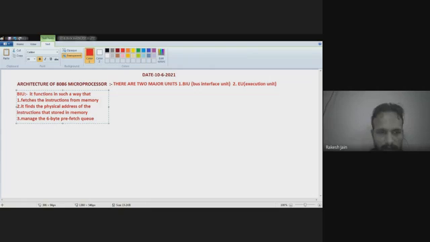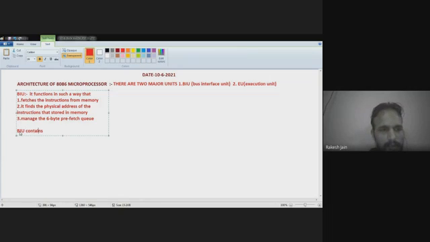In the bus interface unit, there are basically four segment registers. I am talking about the bus interface unit: the BIU contains four segment registers, which were not available in the 8085 microprocessor.